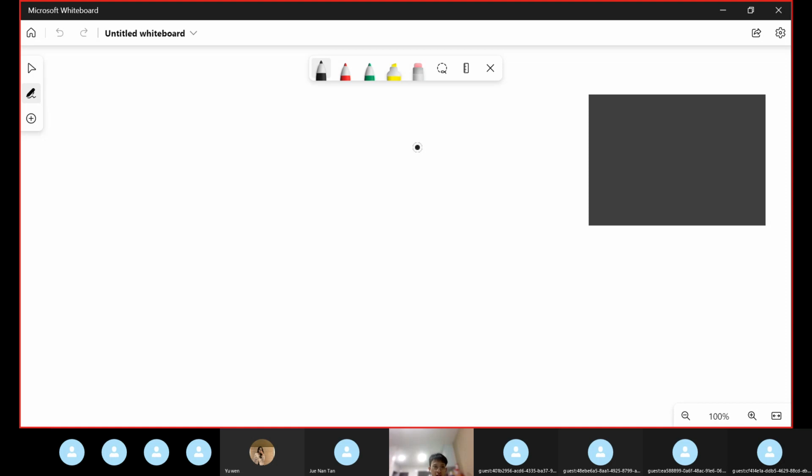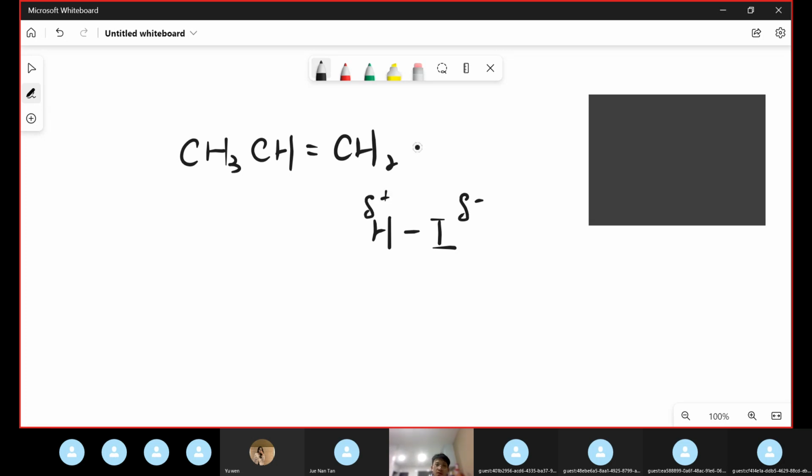If you look at the mechanism, CH3-CH=CH2, then we have HI. Here is delta negative, here is delta positive.